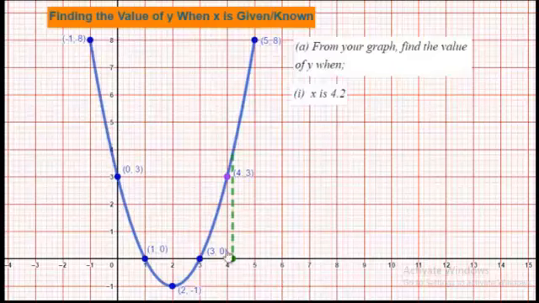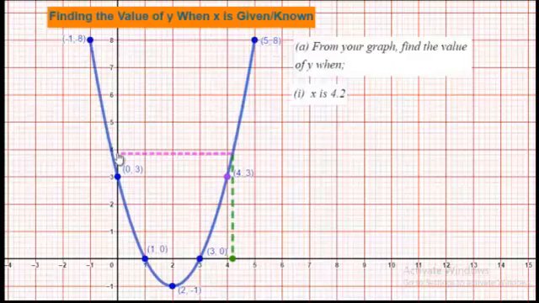So that's my vertical line to touch the curve. Now that it touches the curve, wherever it touches the curve, I must draw a horizontal line from that point to touch the y-axis. So that is my horizontal line which touches the y-axis.